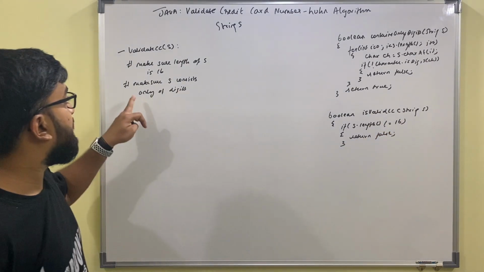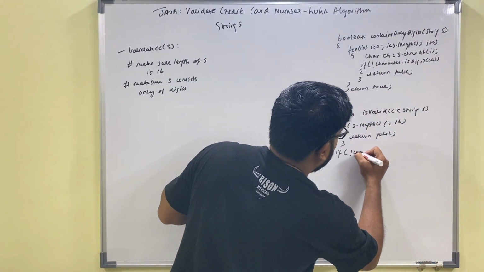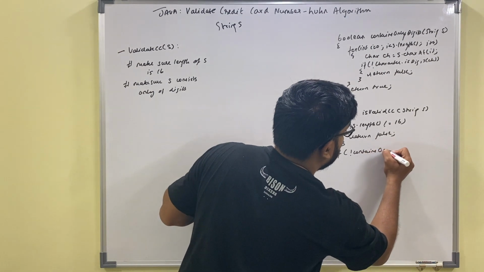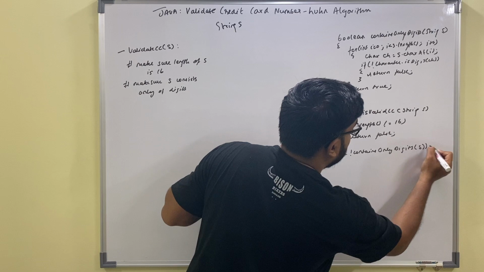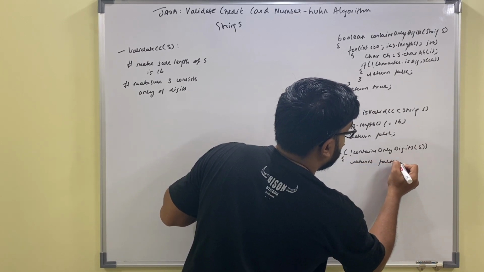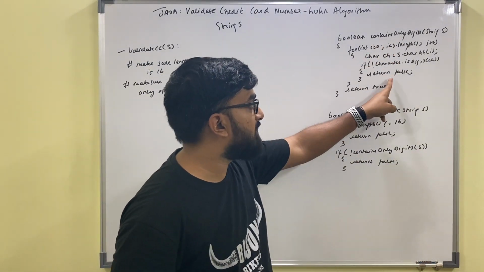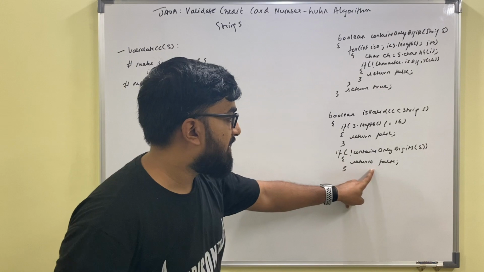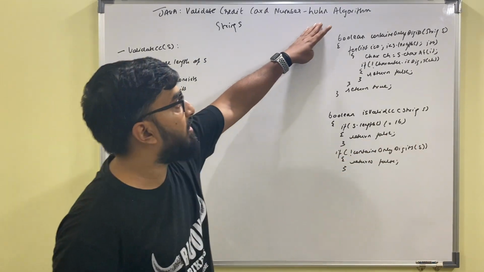Then, if not containsOnlyDigits, taking the string S, return false. I return false because this S has to contain only digits to work for the Luhn algorithm.